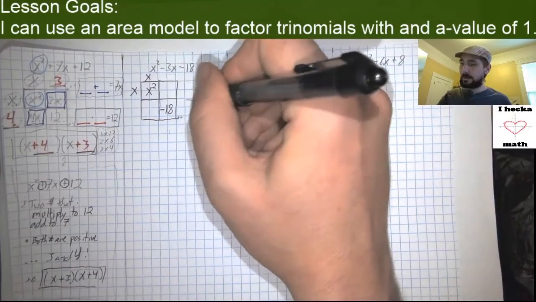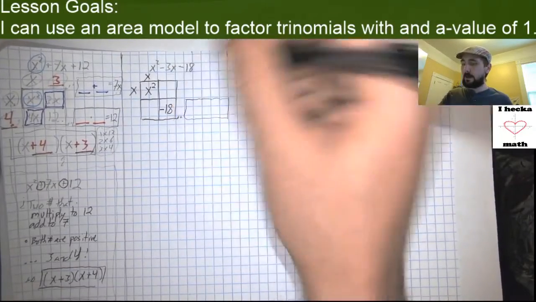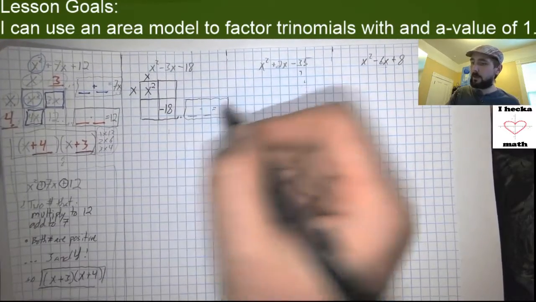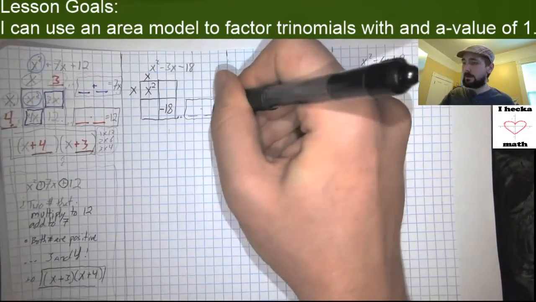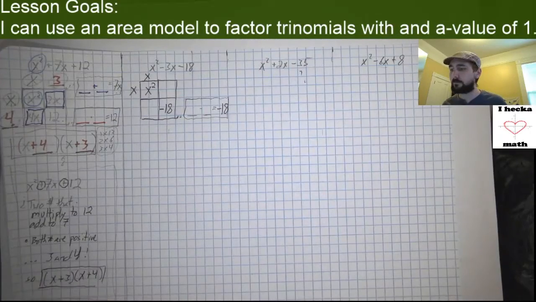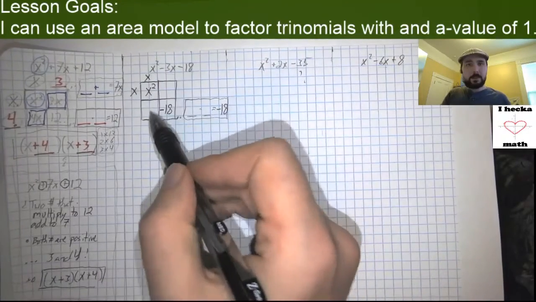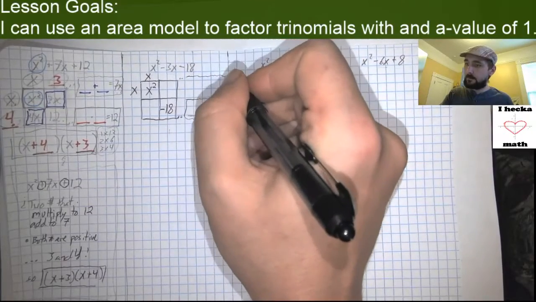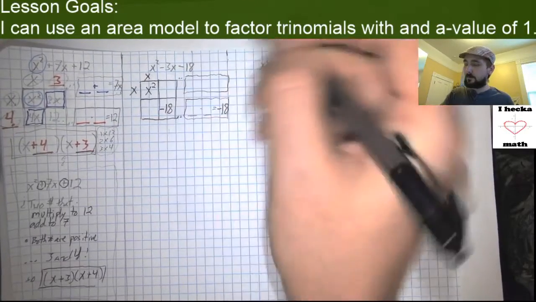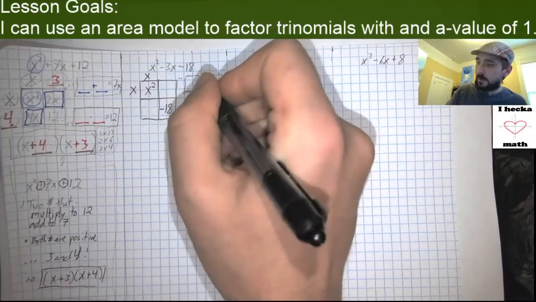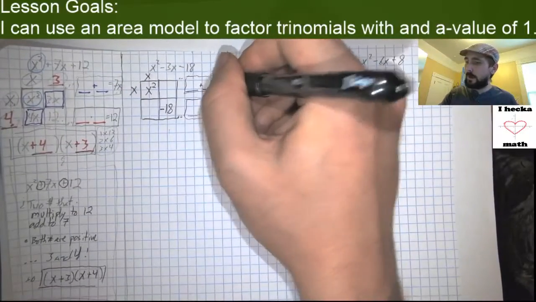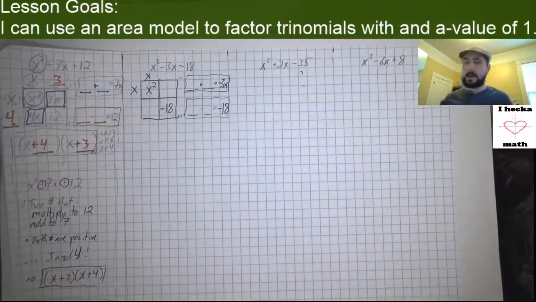And then we can start thinking. So my minus 18 is going to come from 2 numbers being multiplied by each other to get to a minus 18. These 2 are going to combine, right? And I say combine, but we could also think of add to a total of negative 3x.